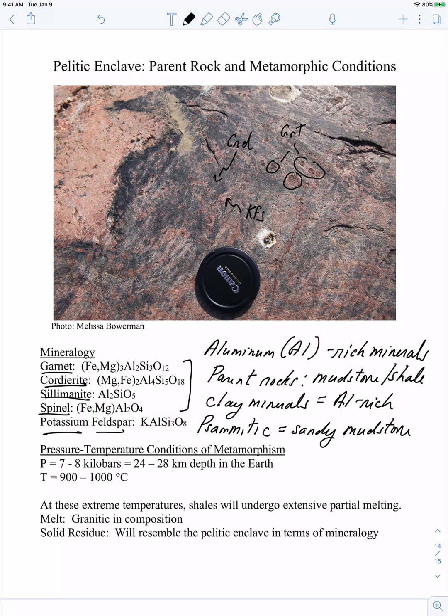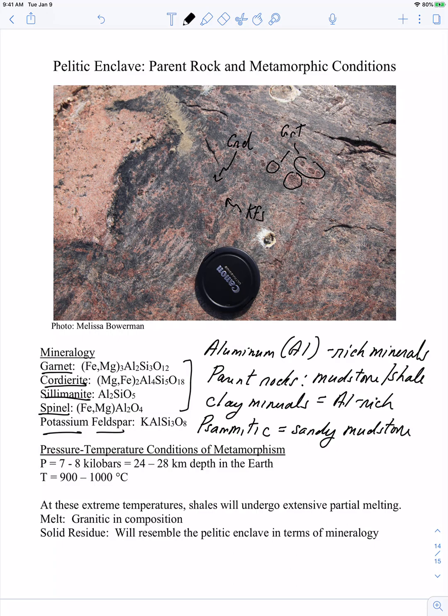And the unmelted stuff, the solid residue, will have a mineralogical composition that resembles the mineralogy that you see in the pelitic enclave. That is, it will be rich in minerals like garnet and cordierite and spinel. So what we think is that the pelitic enclave is a residue of this high temperature melting process.